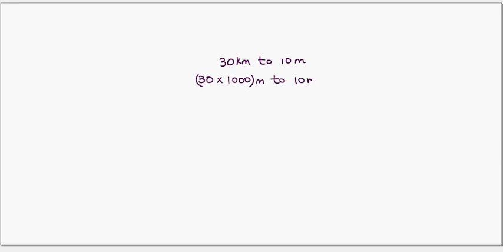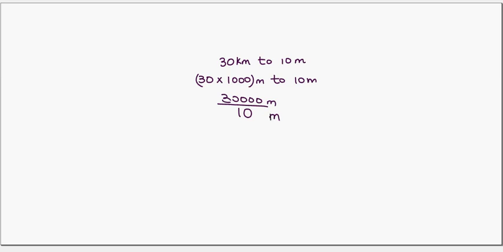So now, both of them are in the same unit, meters. So this will be 30 by 1,000, 30,000. The 'to' is interpreted as a division. So 30,000 meters over 10 meters, correct?